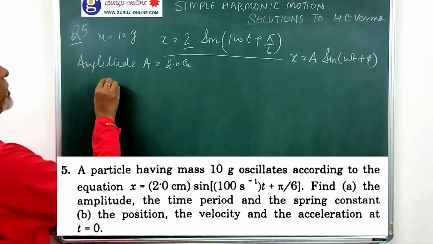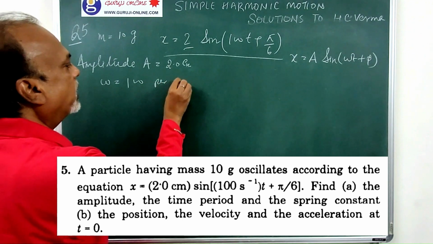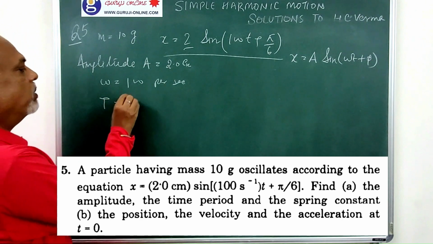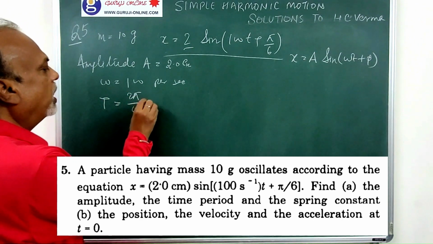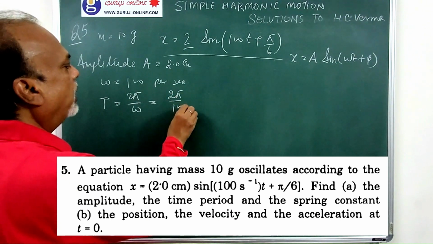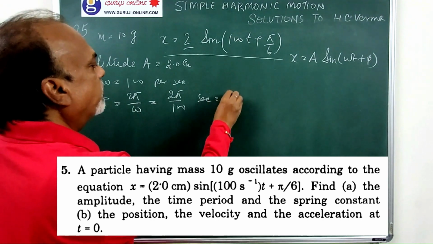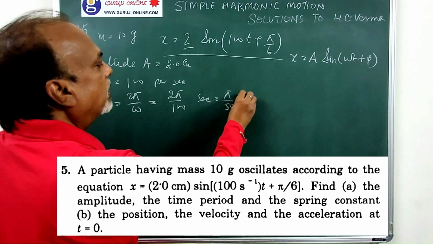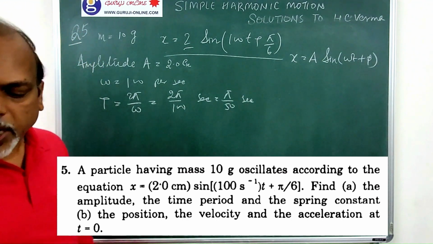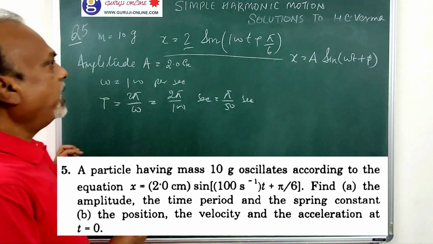Omega, that is 100 per second. Correct? So time period is nothing but 2 pi by omega, and this will be nothing but 2 pi by 100 second. This we can write as pi by 50. So this is the time period.